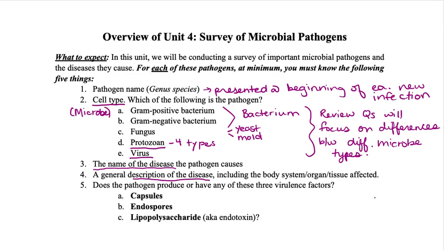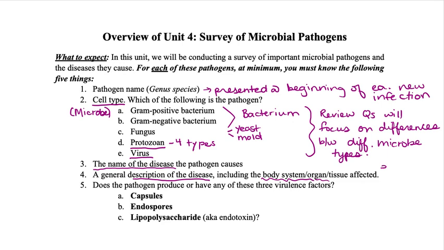Something more complex like botulism might include a more descriptive description, like the paralysis of muscles caused by the inhibition of motor neurons, for example. So when you describe what an infection or what a disease is, make sure at the very least you say what body system or what type of organ is being affected.